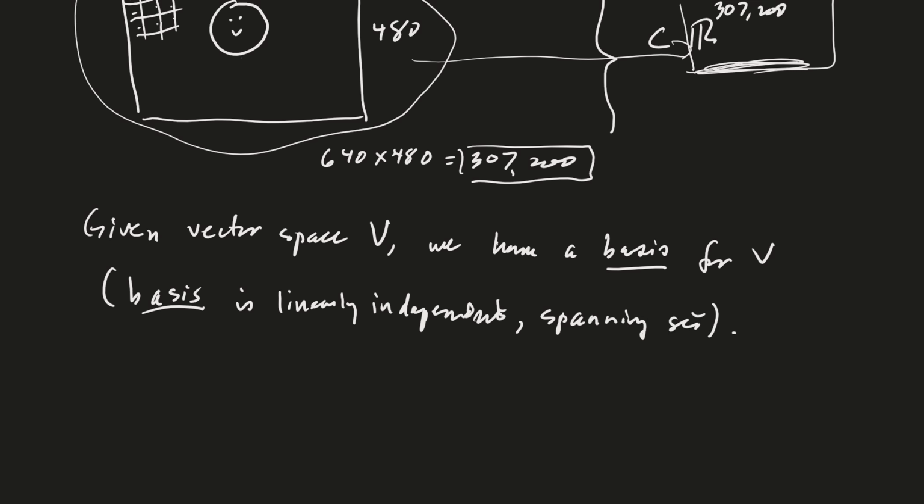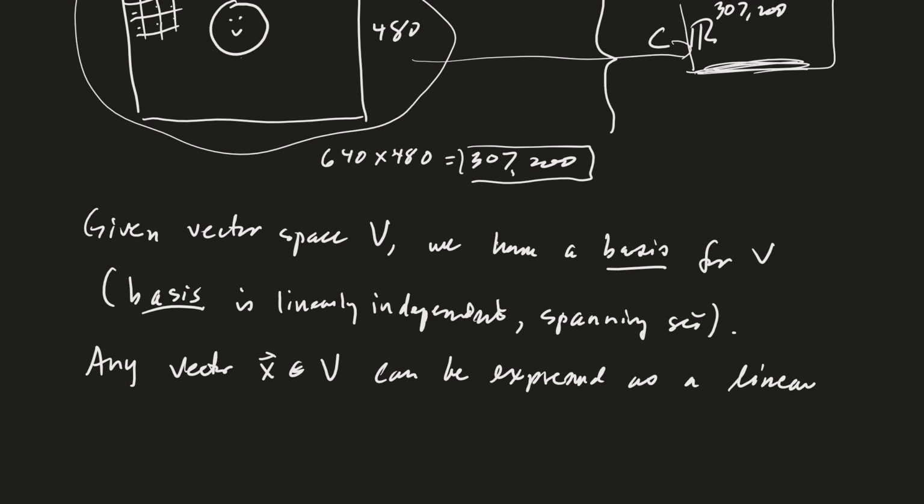right? And so as soon as you have that, then you know that any vector x in your vector space V or vector subspace H, I think in the notes I just grabbed a subset of the vectors, but any vector x in V can be expressed as a linear combination of the vectors in the basis.